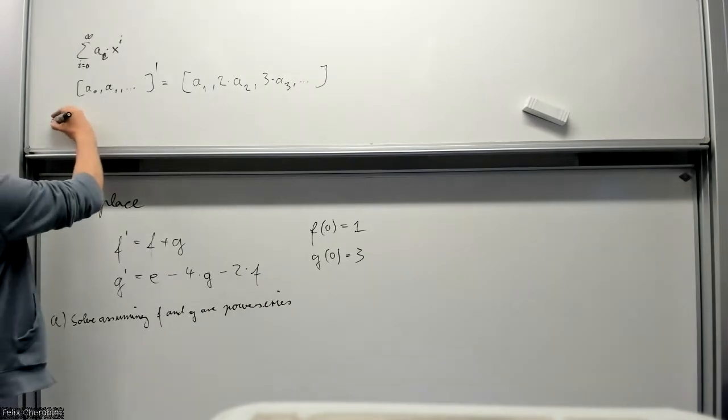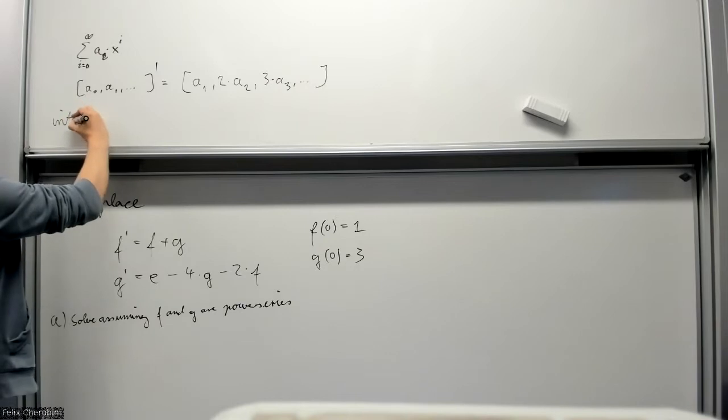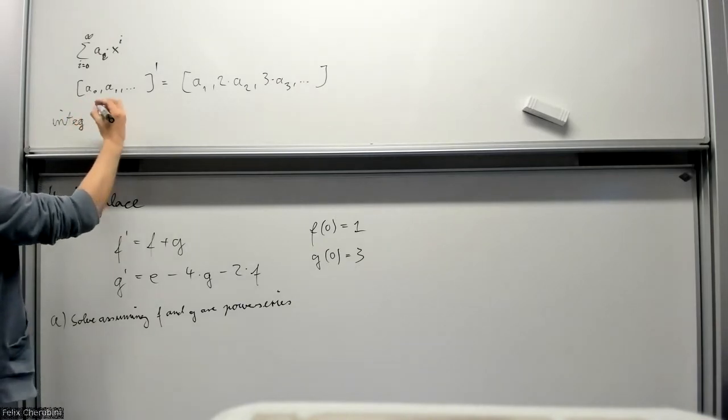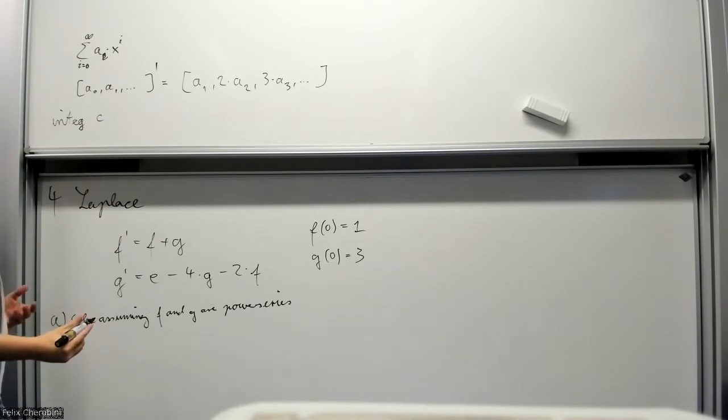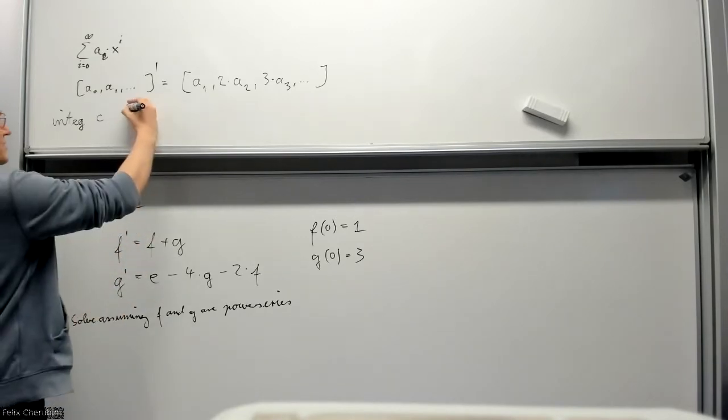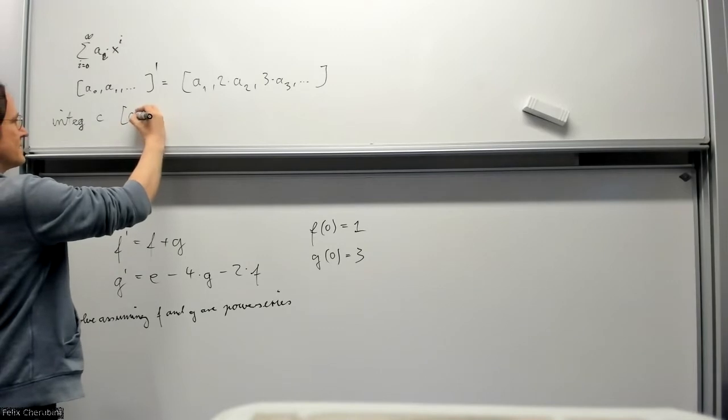Okay, and now for integrating, we have to reverse the process. If we integrate a power series, we have to give a constant. This will be the a0 in the power series.